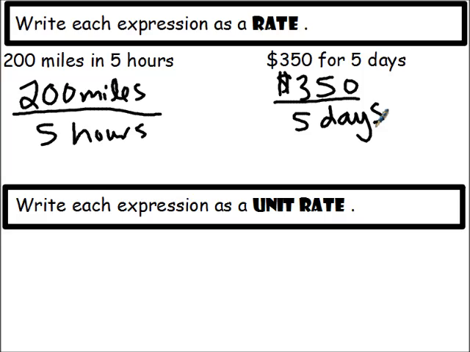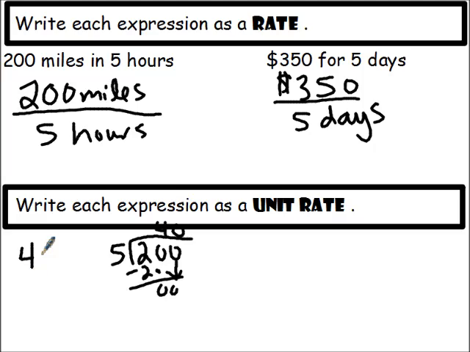So we'll have 200 divided by 5. So we see 200 divided by 5 is 40. So that would be 40 miles to 1 hour. So we would travel 40 miles per hour.